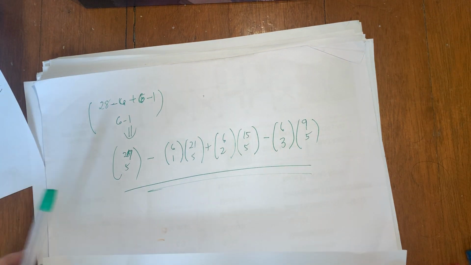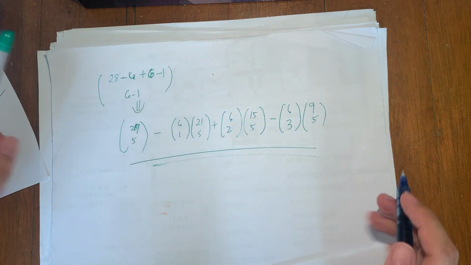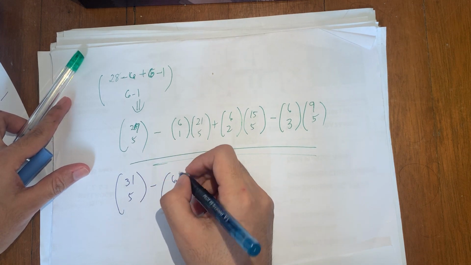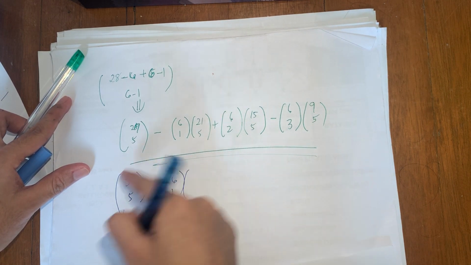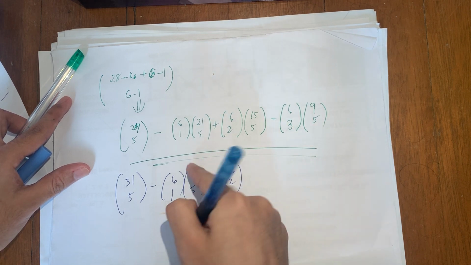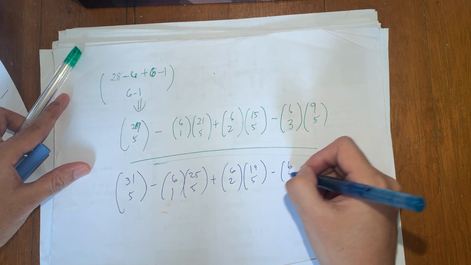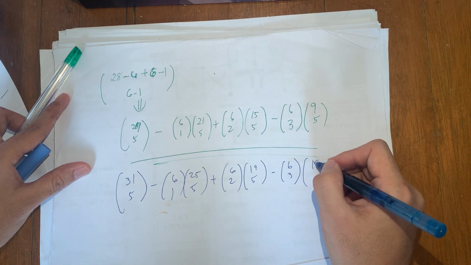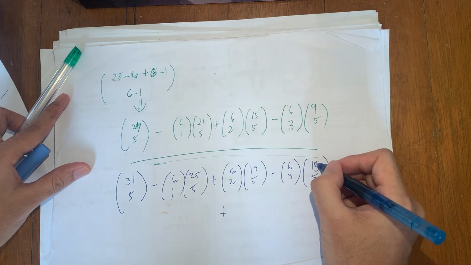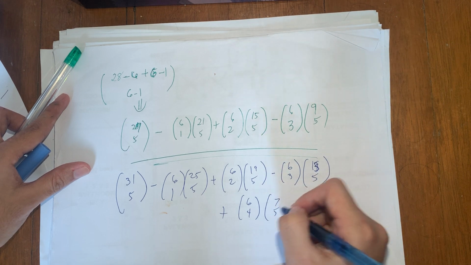This is a shortcut. So, if you start with the sum of 28, 32. So, that's 32 minus 1, 31 taken 5, minus 6 taken 1, times 31 minus 6, 25 taken 5, plus 6 taken 2, minus 6 again, 19 taken 5, minus 6 taken 3, 19 minus 3, 13 taken 5, plus I can subtract another 6 from here, so that's 6 taken 4 times 7 taken 5.